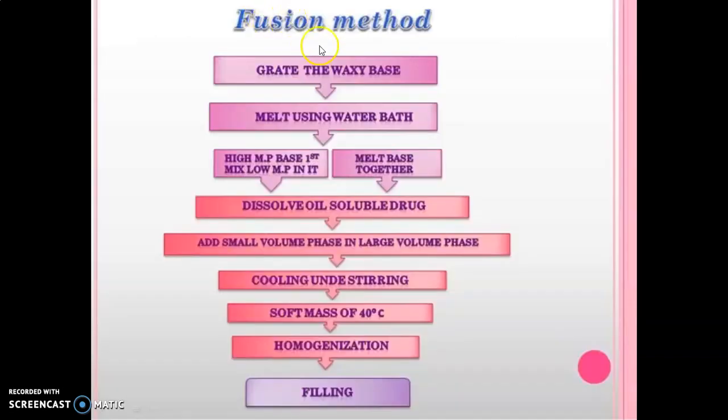Then fusion method, the flow chart is here. The waxy base is melted using water bath. Then high melting point base first, mix low melting point in it, then melt bases together.